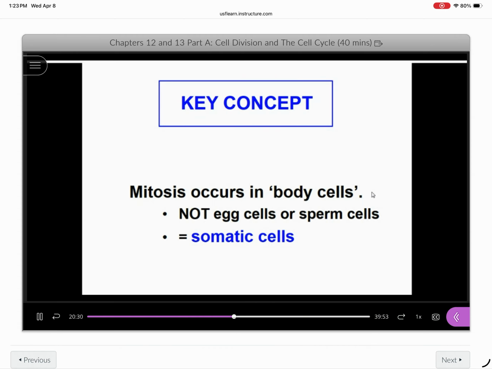The sex cells, the egg and sperm, and actually the cells that become egg and sperm are also not somatic cells. So it's everything but the sex cells, the egg and the sperm and the cells that become them.